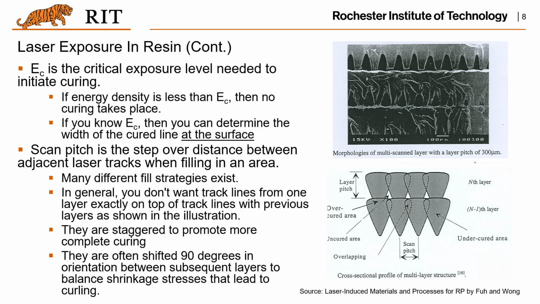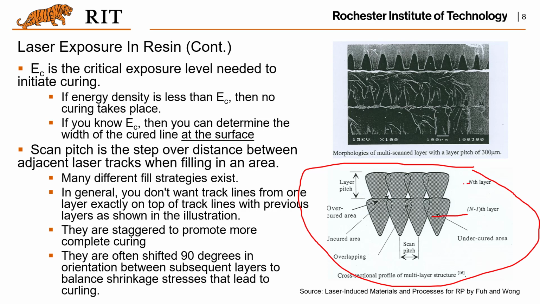And here shows you an illustration of the different layers. This is the previous layer, and this is the next layer after the previous one. The light source is scanned in this direction. And as you can see here, if you properly adjust the distance between each of the scanned lines, they will have a large area of overlap.